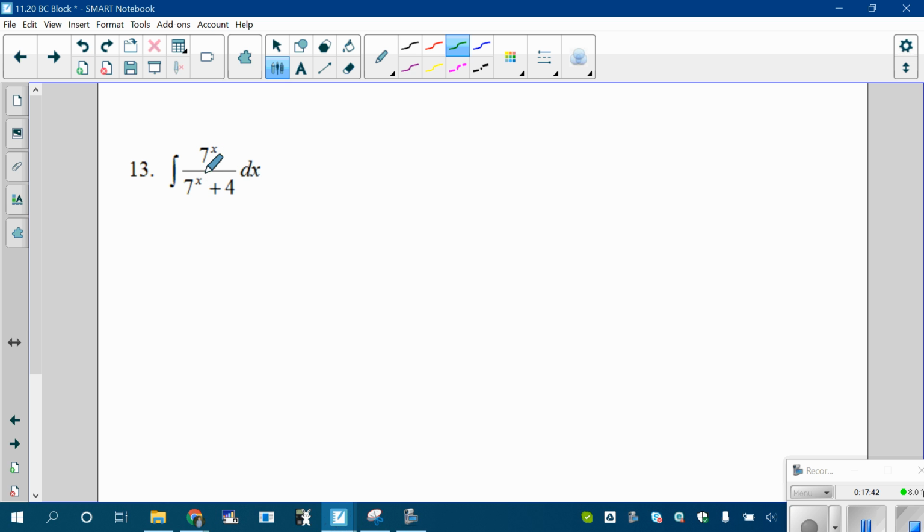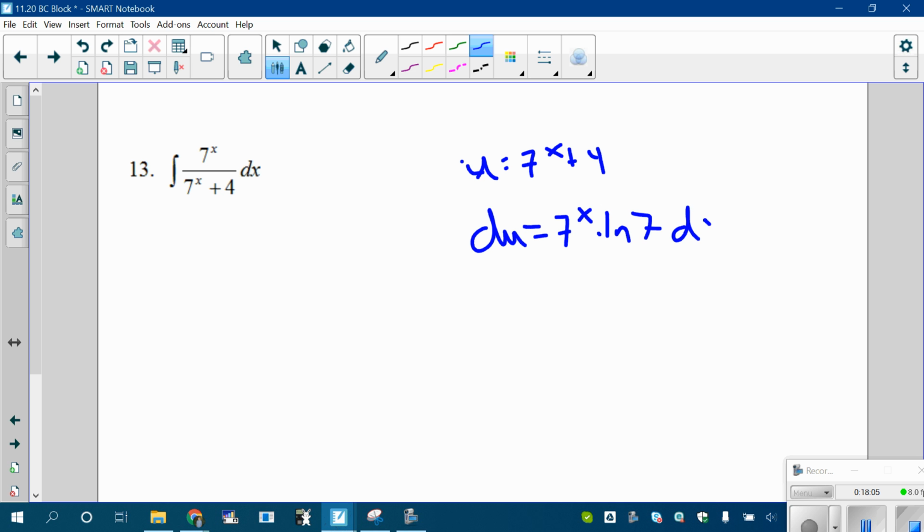That is highly illegal. But again, it's going to use the fact that the derivative of exponentials involves the initial function. And that's going to help us get some good implications for u sub. So if you make the u 7 to the x plus 4, well, du is 7 to the x ln of 7 dx. Basically, that shows up in the numerator.